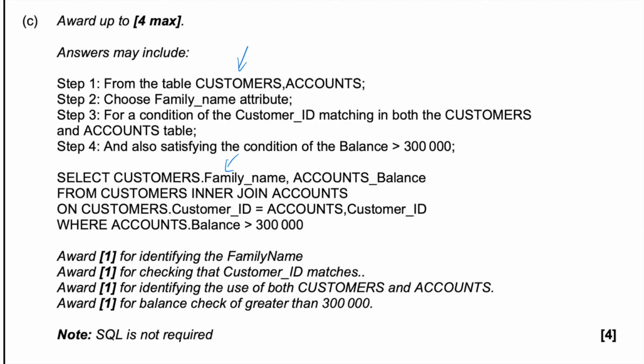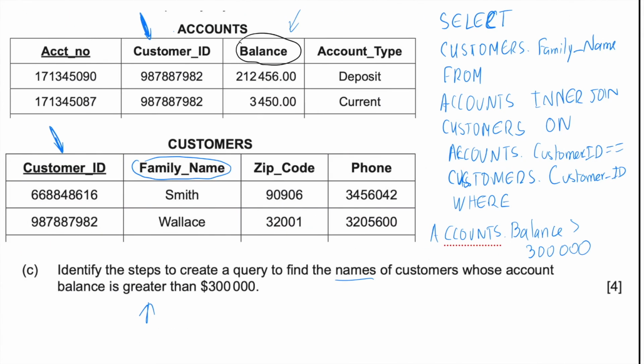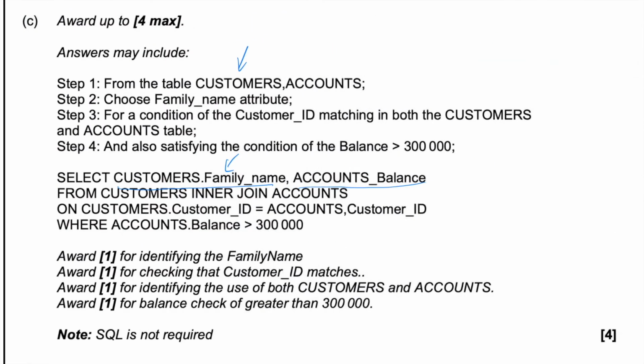Although, okay, one interesting thing right here is it wants the family name and the account's balance. Okay, that's actually weird because right here it just says find the names, but here it's asking us to output the balance as well. I don't really know why that is.